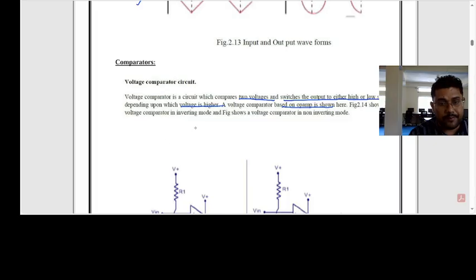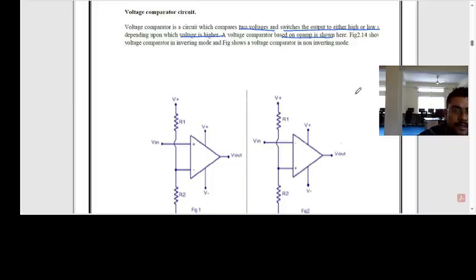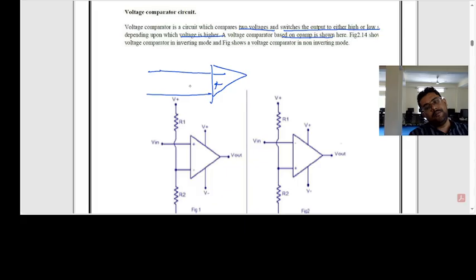A voltage comparator is based on the op-amp. Two modes are possible, inverting mode and non-inverting mode. So we will see the basic principle behind this comparator. Suppose this is the comparator, this is the positive terminal, this is the negative. There is no feedback in a comparator, whereas in an op-amp feedback is available. It always gives the saturation output, VCC plus saturation or VCC minus saturation.